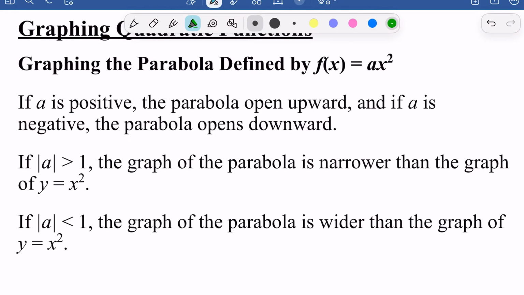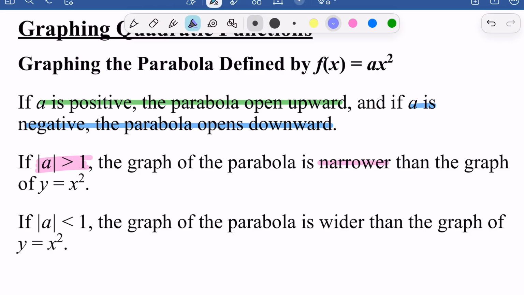So if we have f of x equals a x squared and a is positive, then the parabola is going to open upward. If a is negative, the parabola is going to open downward. If a is a number that's bigger than 1, the graph of the parabola is going to be narrower than the graph of x squared.